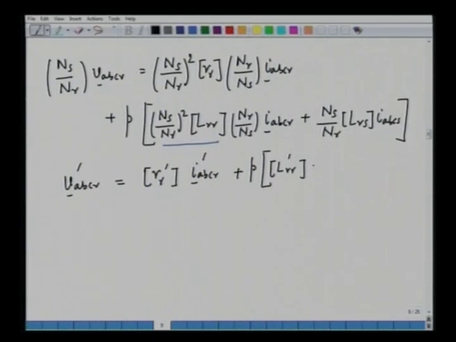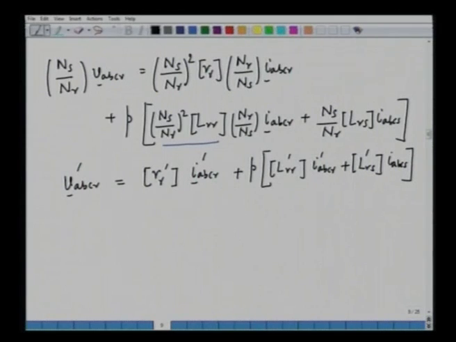So that is actually IABCR prime, the rotor current referred from the stator side, plus LRS into Ns by Nr. So that is LRS prime, the mutual inductance between the rotor and the stator referred from the stator side, into IABCS.